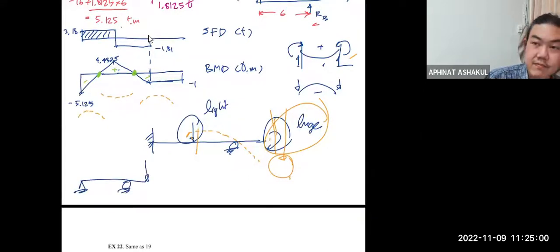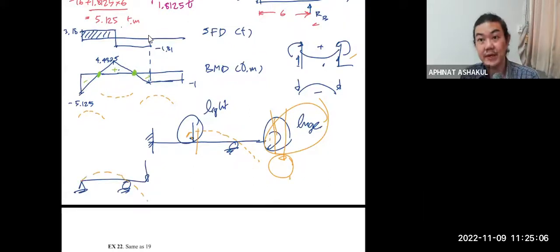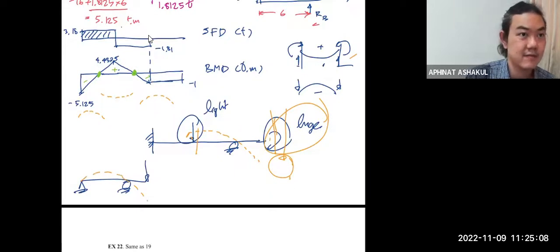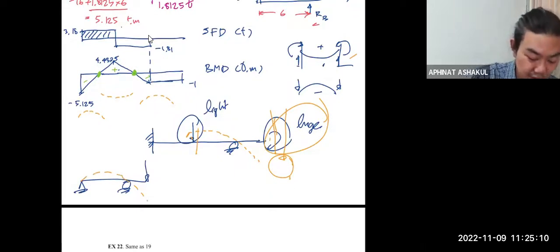So the only way that this beam can deform is this, right? That's when you can have the pure negative moment throughout the case. But if there is a load heavy enough here, it may push your beam down. So you can have something like that.